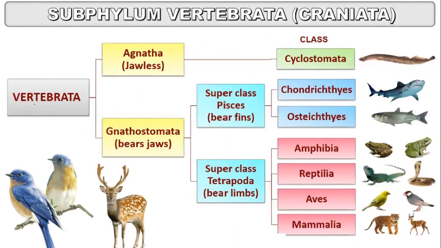That is vertebrates. Vertebrates can mainly be divided into two, that is Agnatha, which is a jawless organism, and Gnathostomata, which is the organism that bears jaws. Agnatha organisms would be exactly like fishes, but they do not have jaws. They have a mouth, but no jaws.